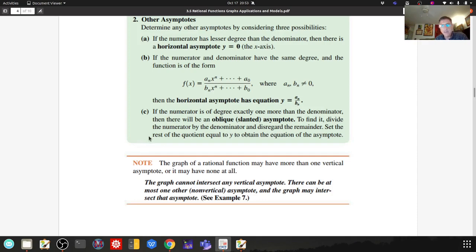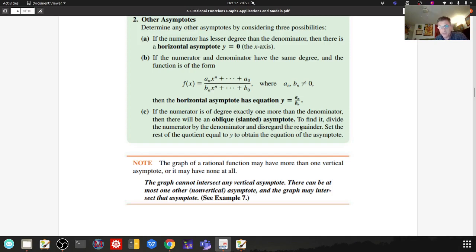And then our final brand new asymptote, if the numerator is of degree exactly 1 more than the denominator, then there will be an oblique, slanted asymptote. That means it's the equation of a line that has a slope greater than 0 or less than 0.